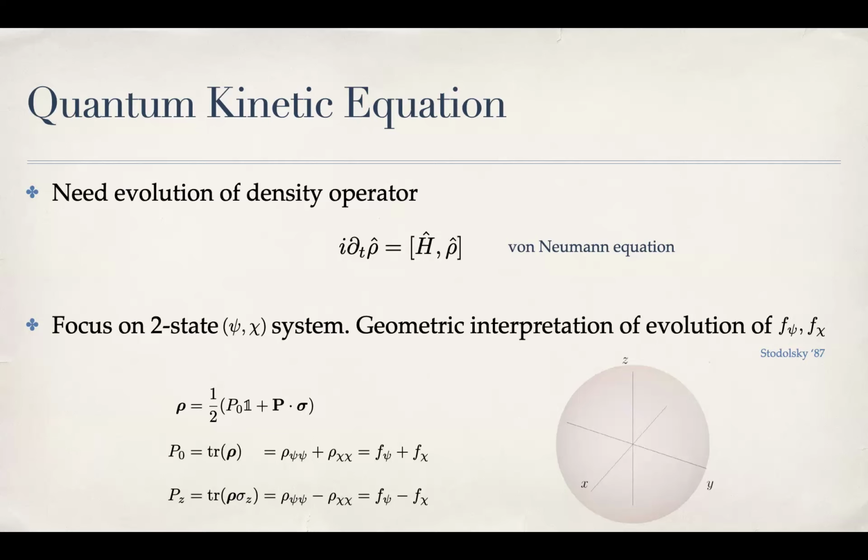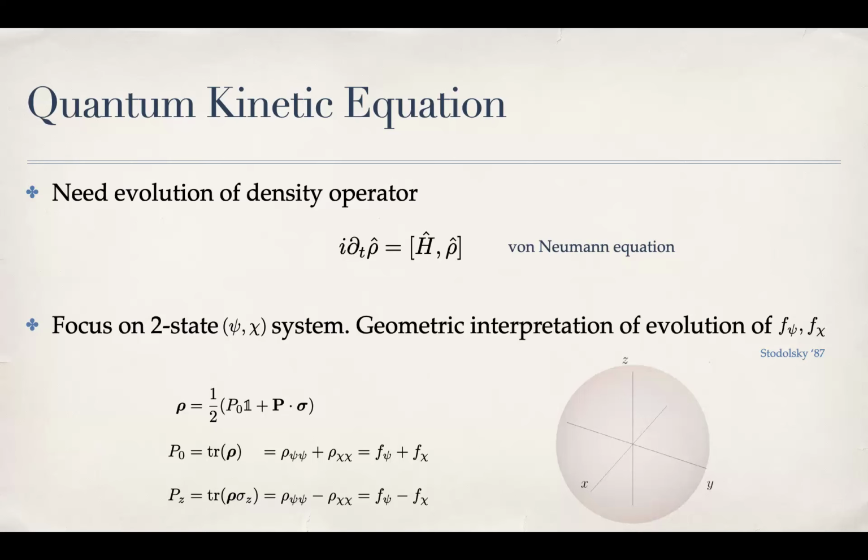When you do that, you get that the trace of rho sigma Z is the rho psi element minus the rho chi element. If you remember from quantum mechanics, the diagonal elements of your density matrix are basically related to the classical number of particles you have in that system. So this is effectively the distribution function of psi minus the distribution of chi.